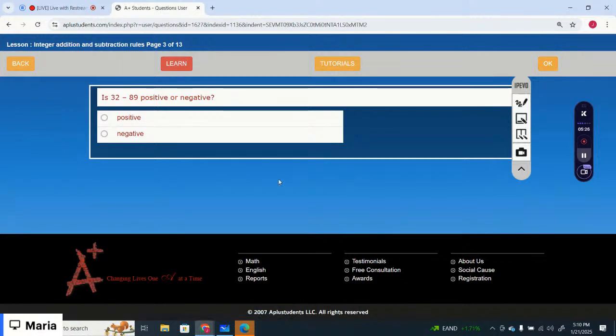The correct option is negative, because you are subtracting a greater number from a smaller one, so the answer is always negative.